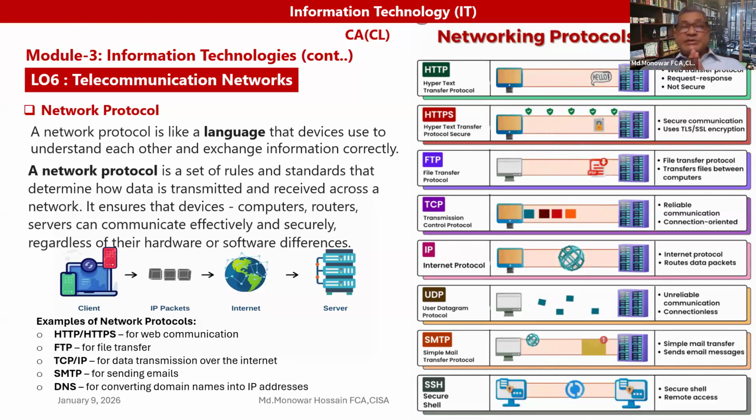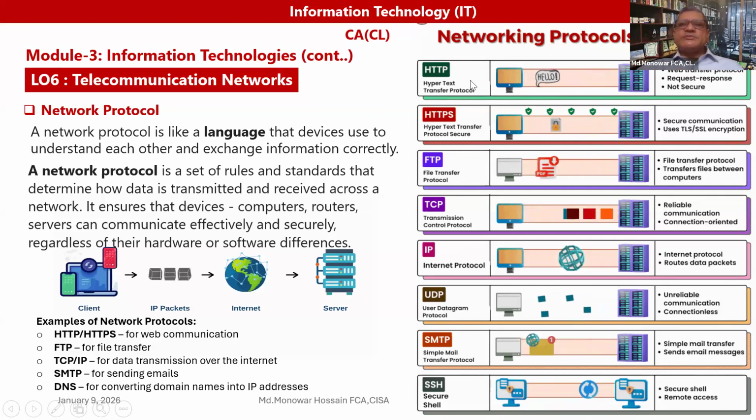Then TCP/IP is the model for data transmission over the internet, and SMTP is the network protocol for sending emails and others, and DNS is the network protocol for converting domain names into IP addresses. If we look at the right side here, HTTP, how they work, HTTPS, FTP, file transfer.